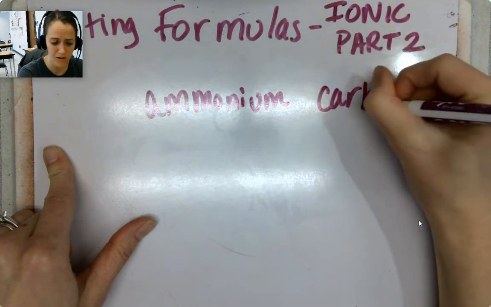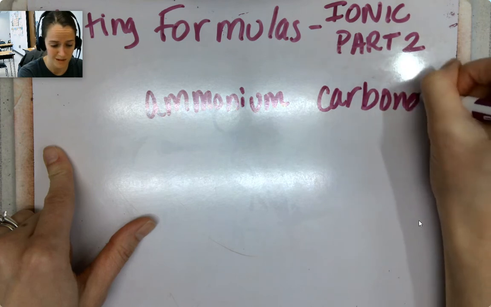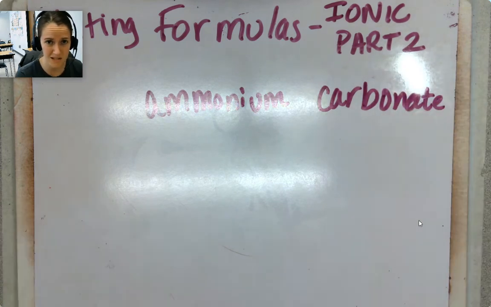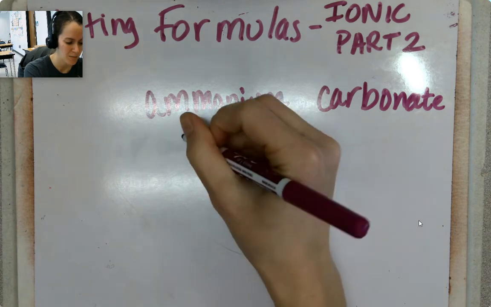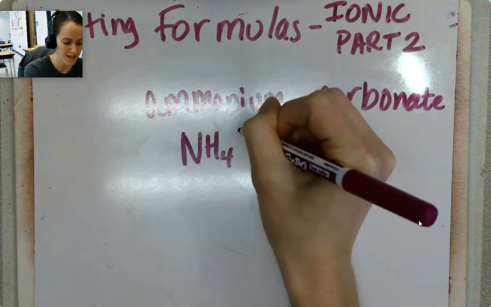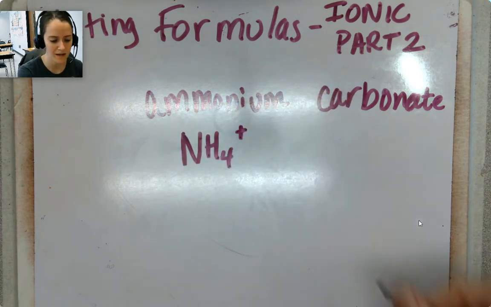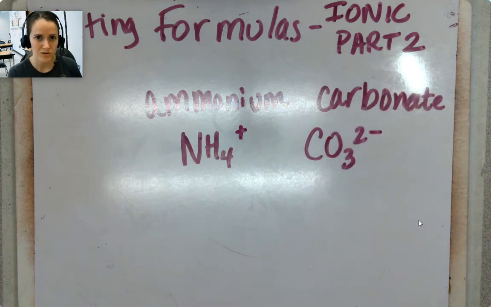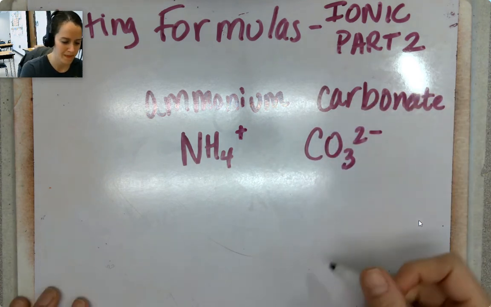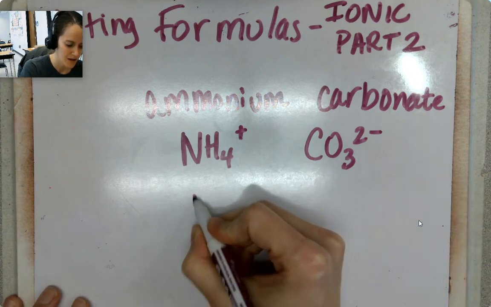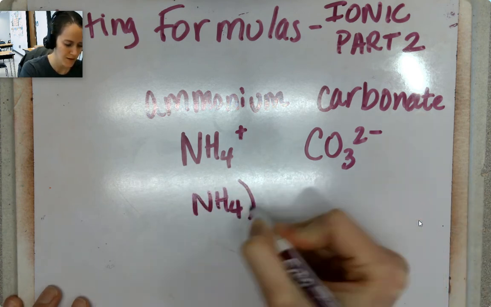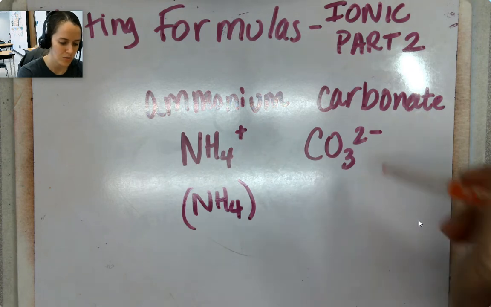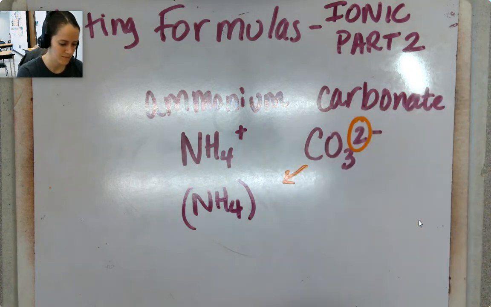I don't think ammonium carbonate is a real thing, but we'll just roll with it because it's on the top of my mind right now. Ammonium is NH4 plus, and carbonate is CO3 2 negative. So same thing, we're going to drop and swap. We'll put the NH4 in parentheses, and this 2 comes down.